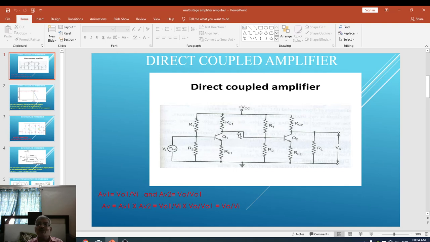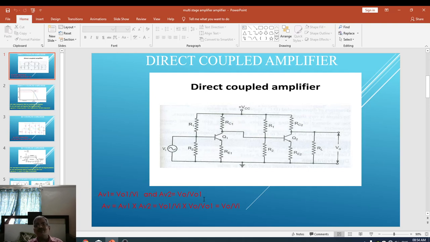This VO1 output voltage is again amplified gain times at the input of the second stage amplifier, whose gain is AV2, so as to get the output voltage VO. So the gain of the second stage amplifier is AV2 equal to VO upon VO1.